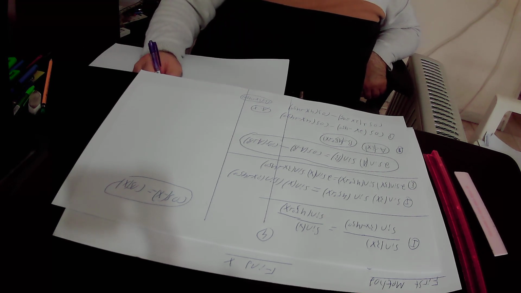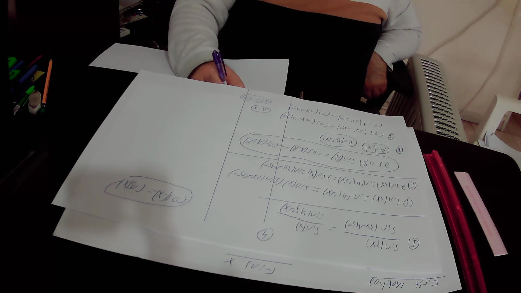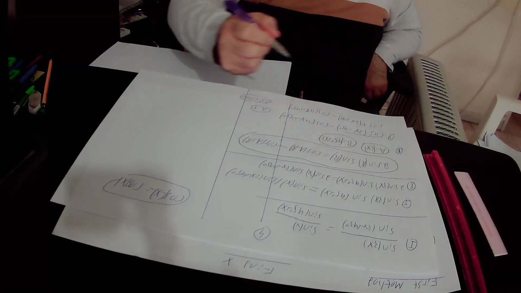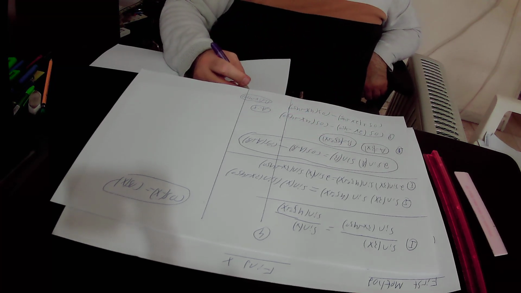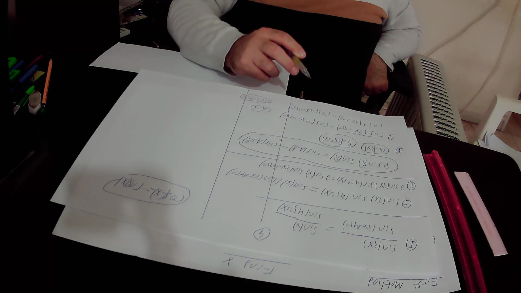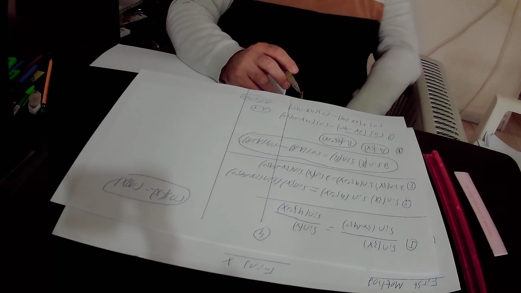We have, according to equation number 1, cosine 2x minus 45 degrees and here we have minus cosine 4x plus 45 degrees.